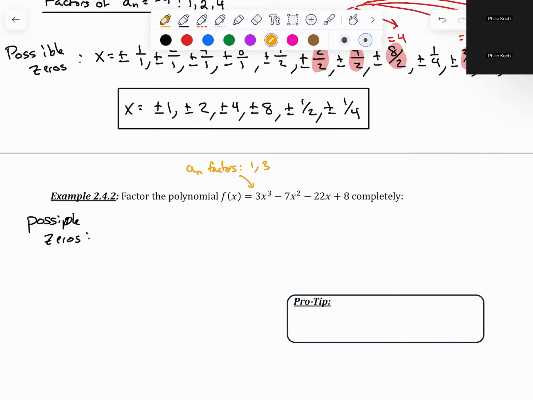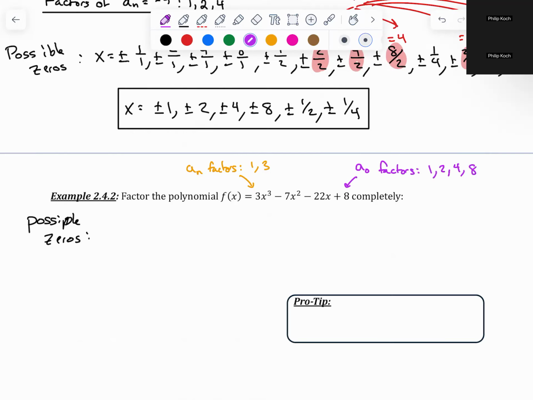We don't have 5 factors. The larger the number, the more factors you have to check. But the a sub n is 3. That's our leading coefficient. And the factors of 3 are 1 and 3. The constant term, 8. So a sub 0 factors are 1, 2, 4, and 8.